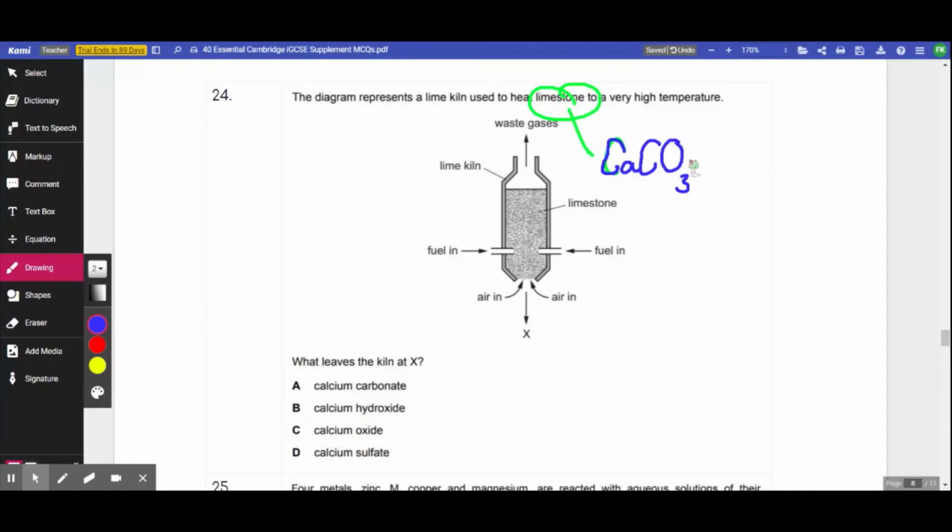You will actually get a thermal decomposition. It will be CaO, which is calcium oxide, plus CO2. So the CaCO3 decomposes to form calcium oxide, and that is this response over here. So the correct answer is C.